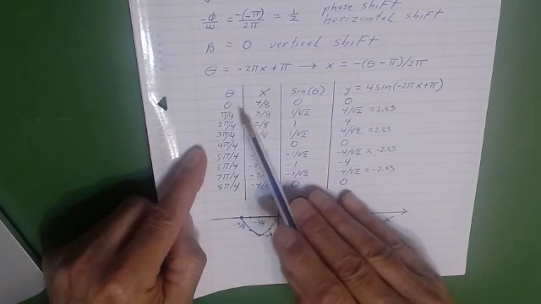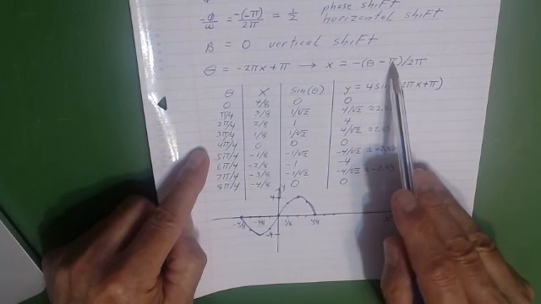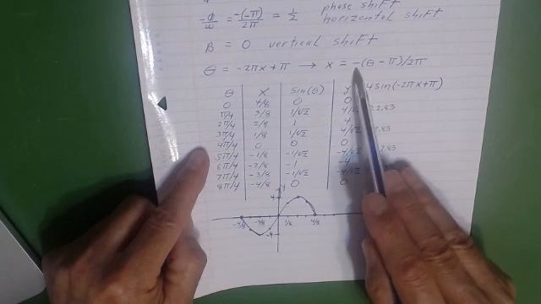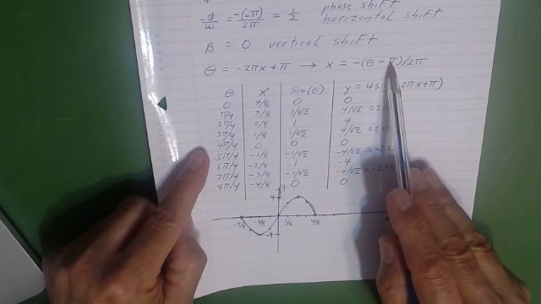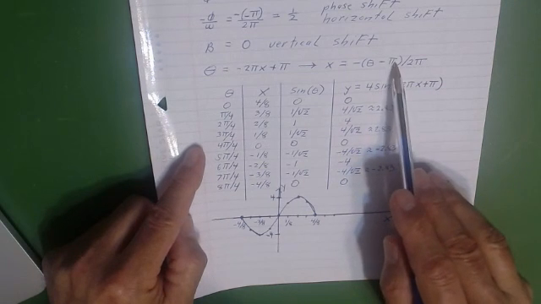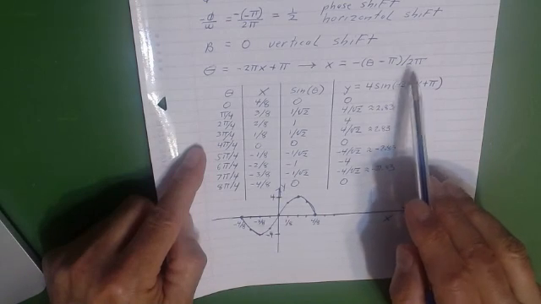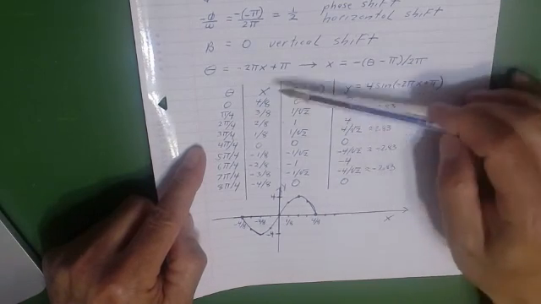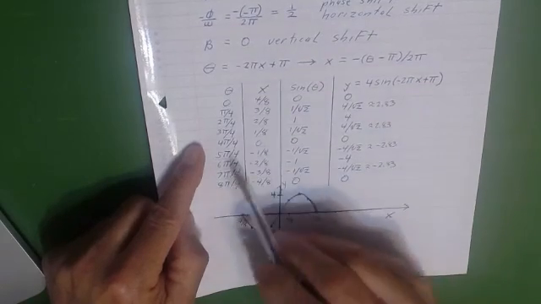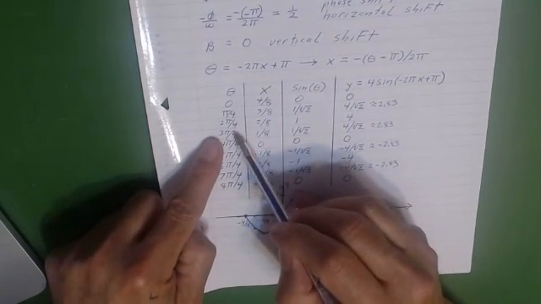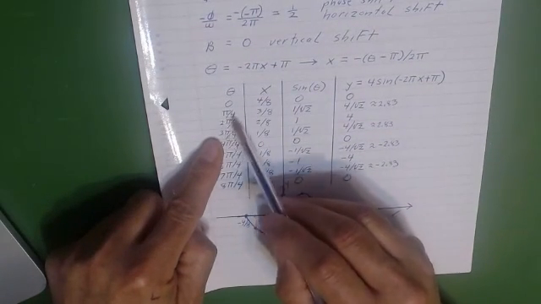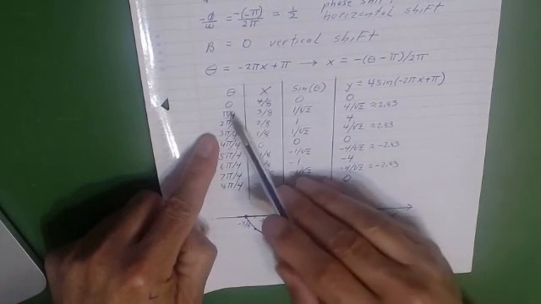So we take each theta value. 0 minus pi is negative pi. Negative and negative is plus pi, and plus pi over 2 pi is 1/2. Because we're using these chunks of pi over 4, let's do the next one.